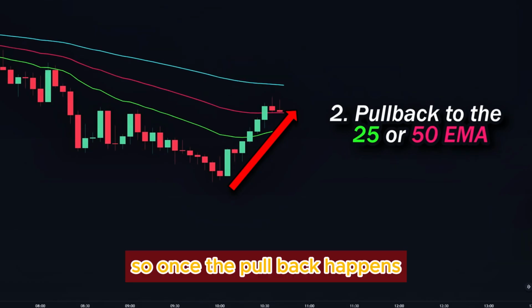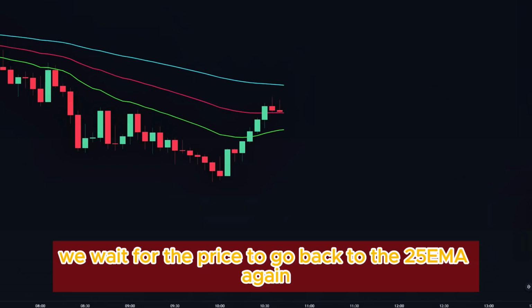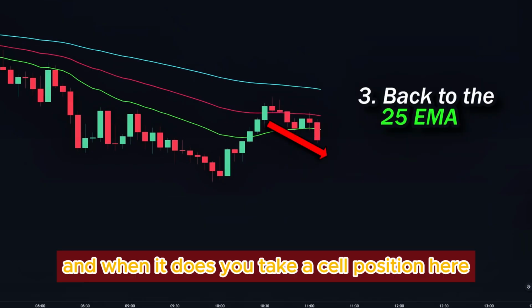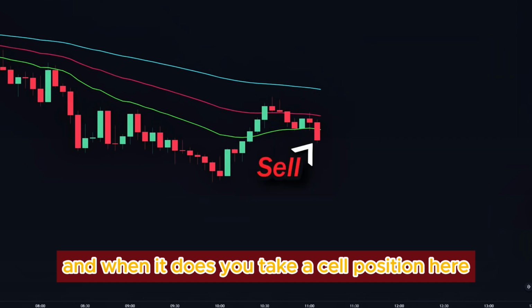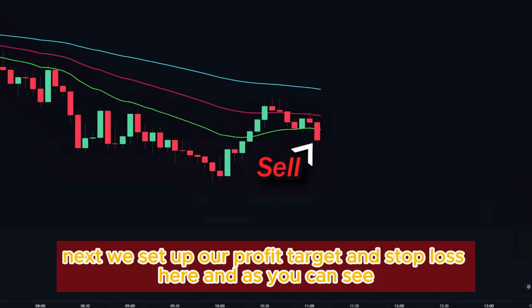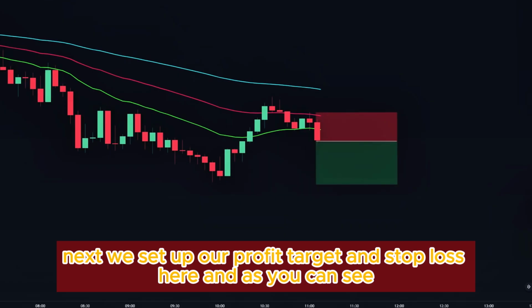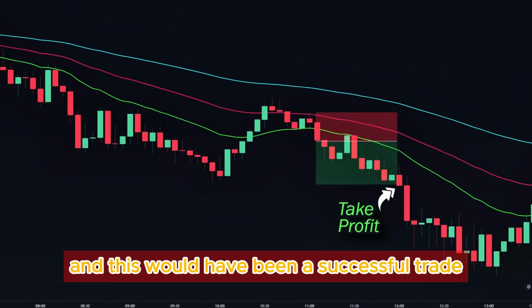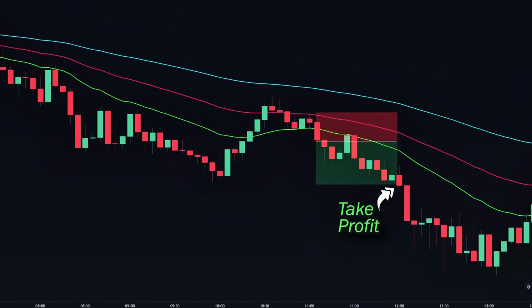So, once the pullback happens, we wait for the price to go back to the 25 EMA again. And when it does, you take a sell position here. Next, we set up our profit target and stop loss here. And as you can see, the price hits our profit target, and this would have been a successful trade.